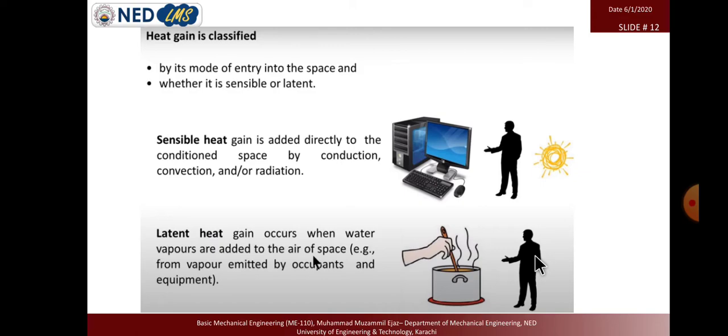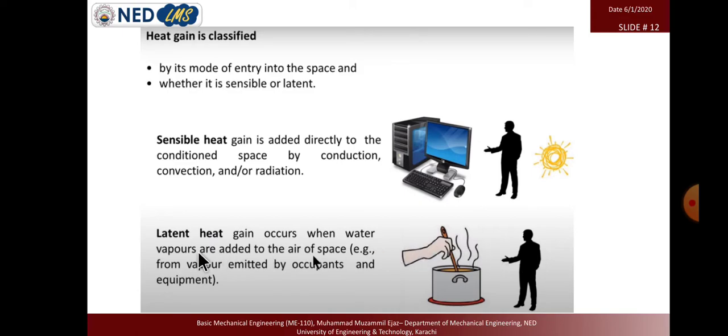So our air already has a very high amount of moisture content that needs to be removed from the room, because high humidity also has an uncomfortable effect on the person.